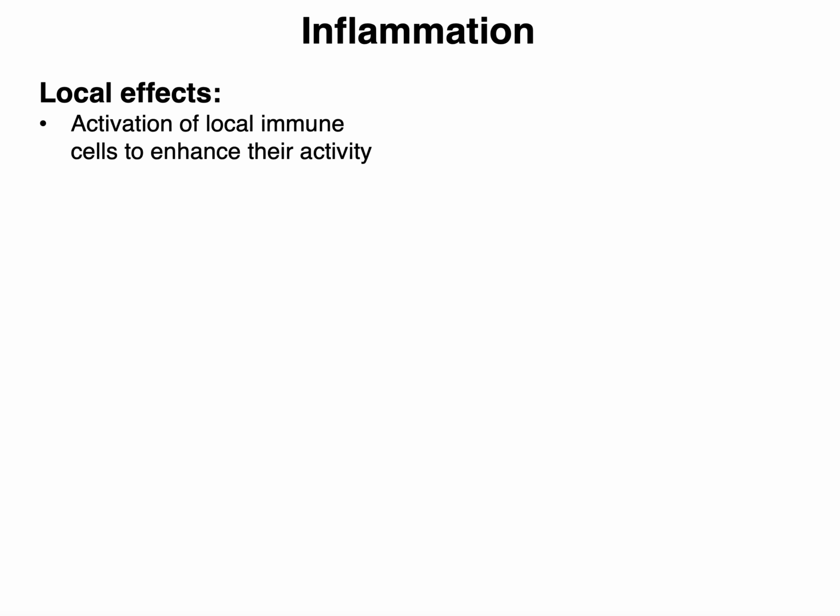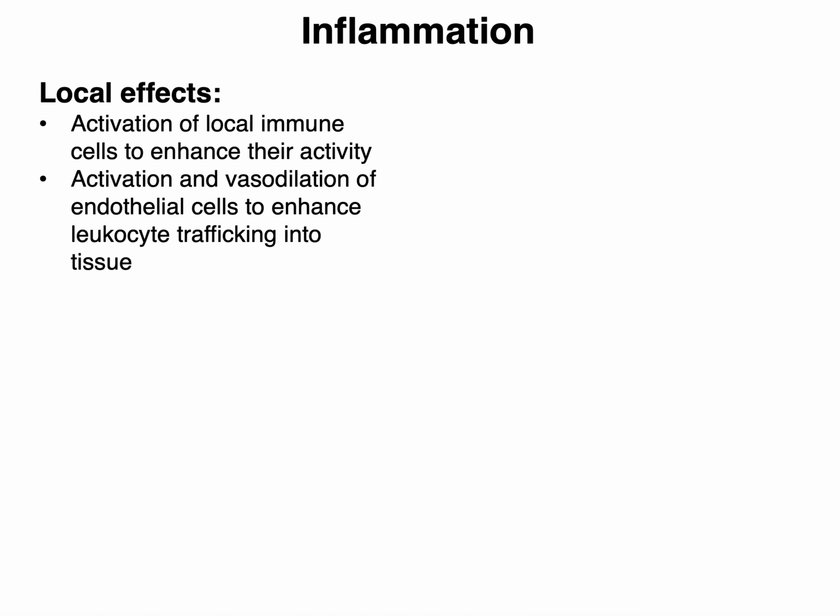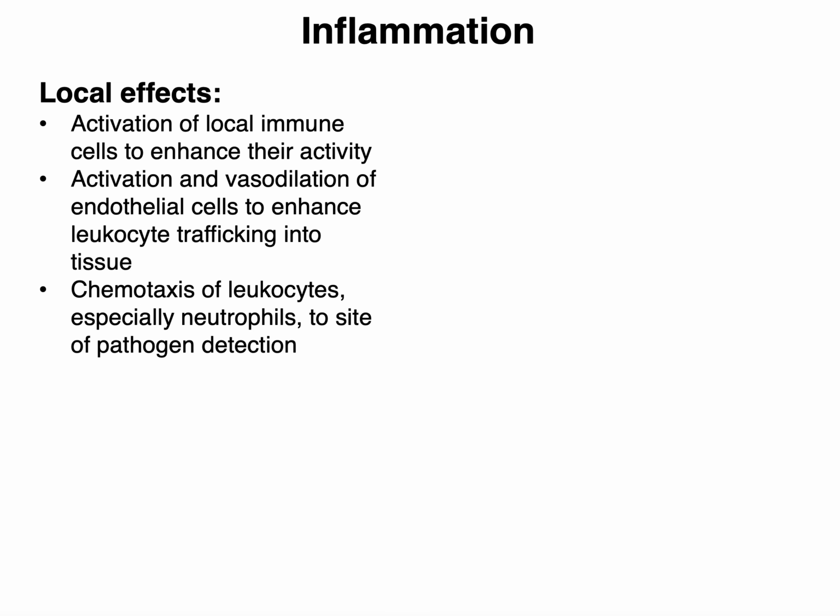And this results in a local inflammatory response. So this leads to activation of local immune cells. It enhances their activity. Activation of the vasodilation of endothelial cells enhances trafficking of leukocytes from the blood into the tissue. These leukocytes then can arrive to the site of pathogen replication through chemotaxis by following along that chemokine gradient.